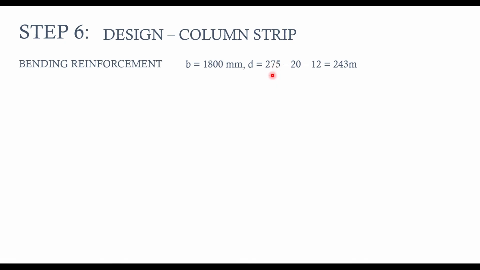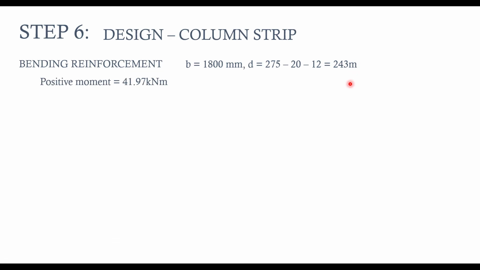So at the end of the day, you have 275 as the depth of your slab along the column strip for the negative moment. Underline that for the negative moment. Then minus the cover 20 minus the diameter of bar, we are assuming 12 because that is what we use. So that means we have an effective depth of 243.